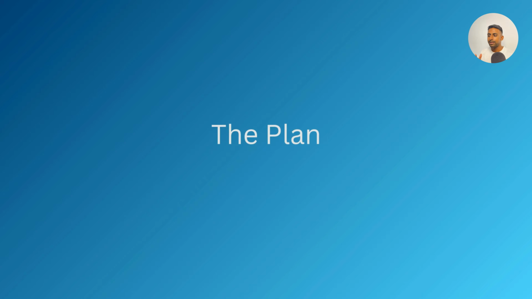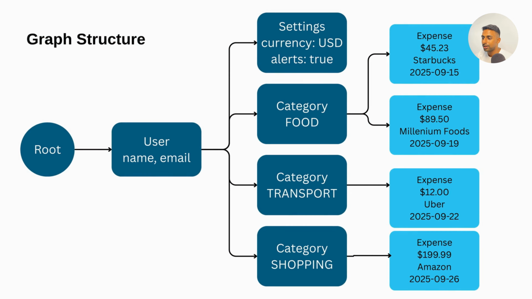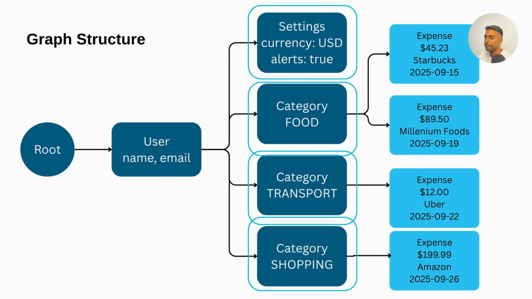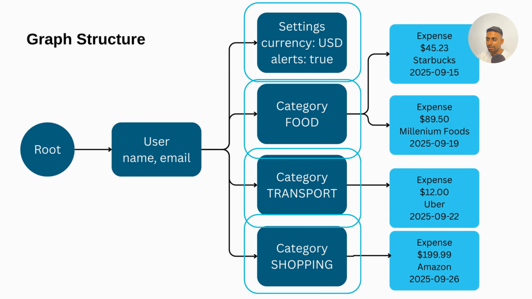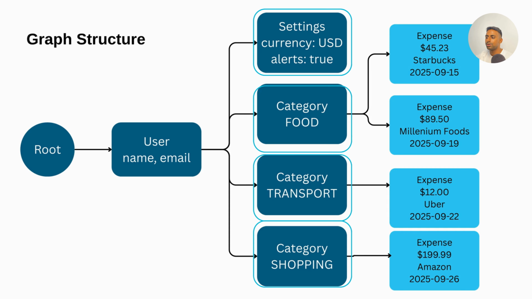So here is our plan. As you can see, this is the graph structure, right? A graph in OSP, which means object spatial programming, is where the agent, the walker, will traverse through this graph. As you can see, the root is where the walker will start, and then it will go to the user, and then it will go through different nodes like the settings, and different categories like food, transport, and all that.